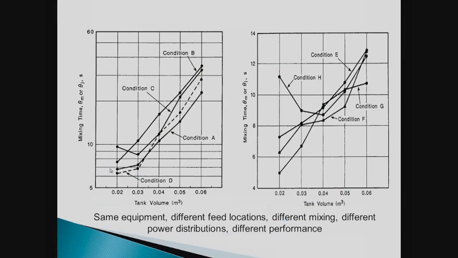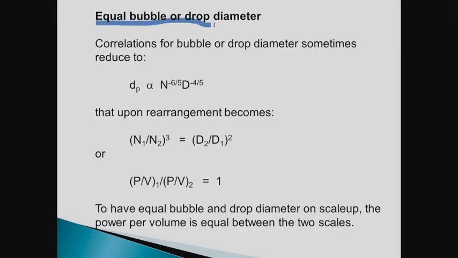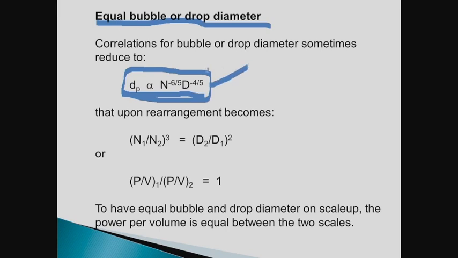There's my slide. Sorry. Equal bubble and drop diameter. Now, I showed you the videotape on the static mixer, the drops being broken up. That's basically a function of the Weber number, and this is where this is coming from. Now, you've got to recognize exactly what is in this correlation, and not much.